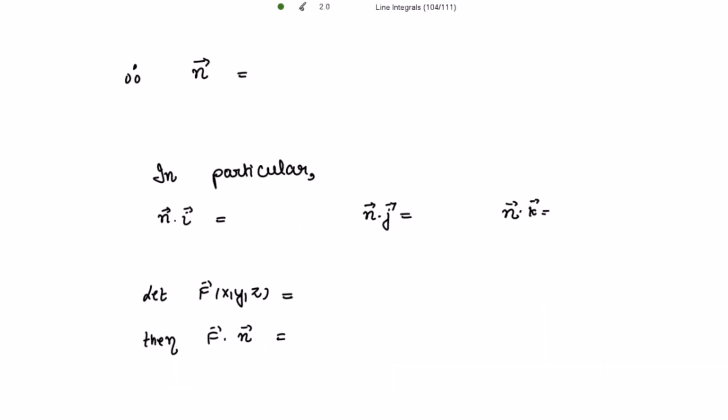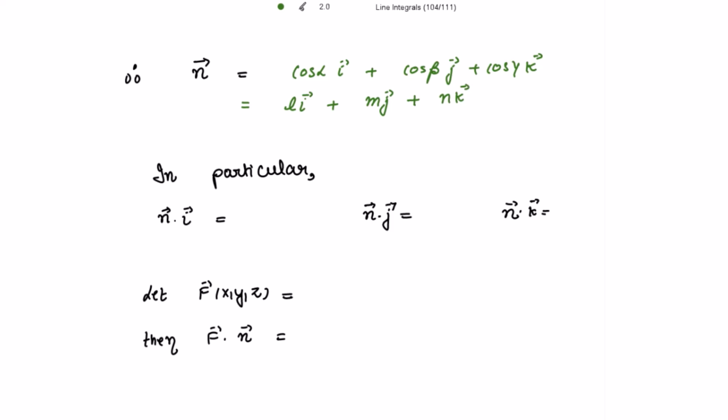Therefore, n vector is equal to cos alpha i vector plus cos beta j vector plus cos gamma k vector, that is l i vector plus m j vector plus n k vector.